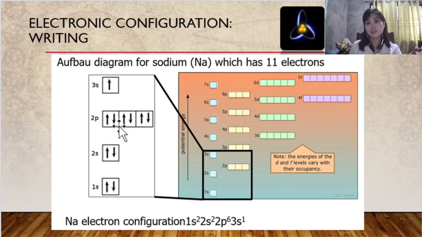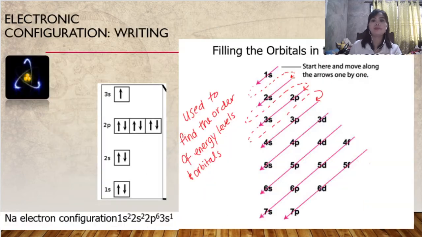In 2p, ito yung sinasabi ko kanina, okay, same energy level, okay, but 2 or more orbitals. So ilang electrons ang kaya niya? 6. Okay, then we have 2p6 and 3s1. Then, please try to check 1s, okay, very good, 2s, and then 2p, and then 3s.